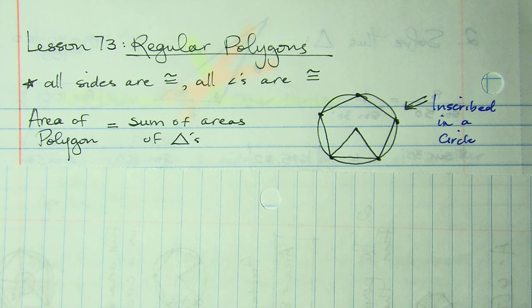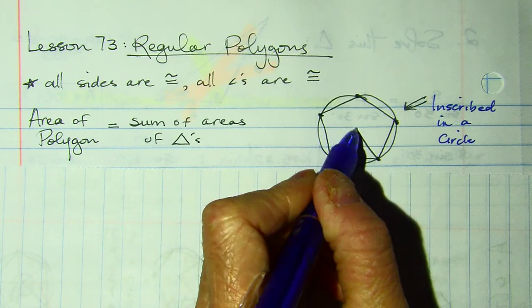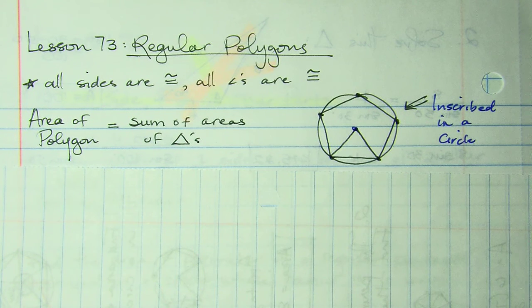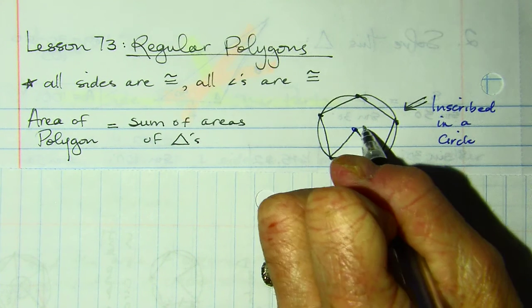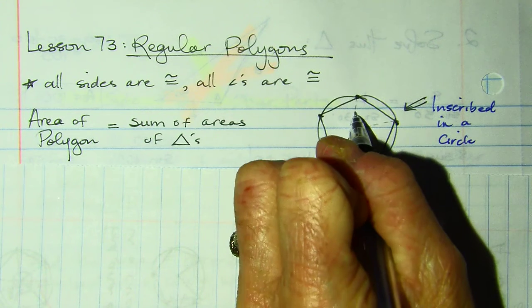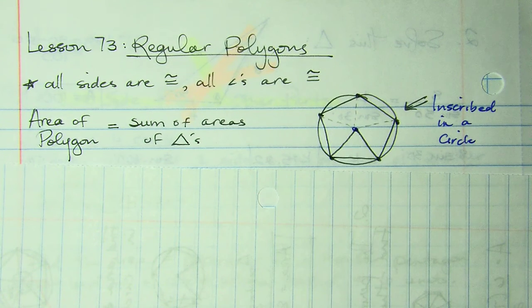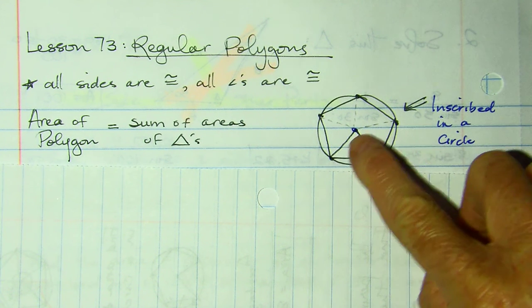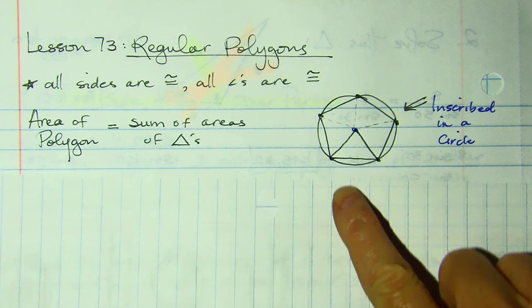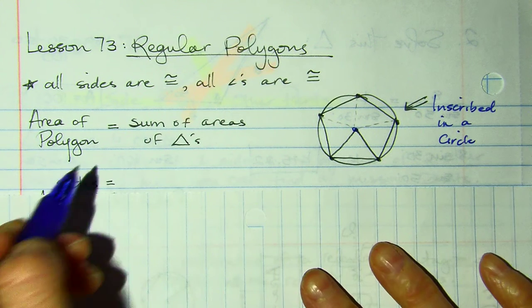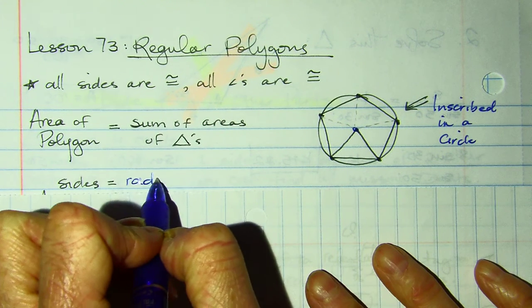I've drawn a point at the center. And hopefully you can visualize that I would have this triangle, this one. So if I have 5 sides, I would have 5 triangles. So a couple of things. The sides of my triangle are going to be my radius.